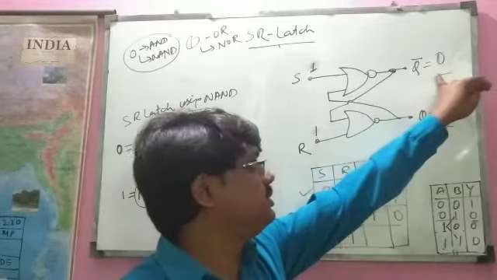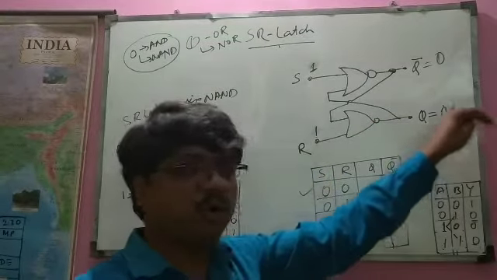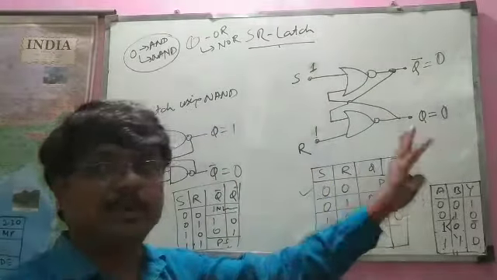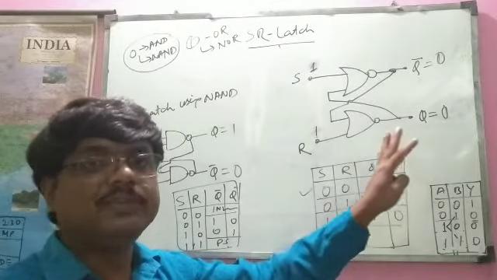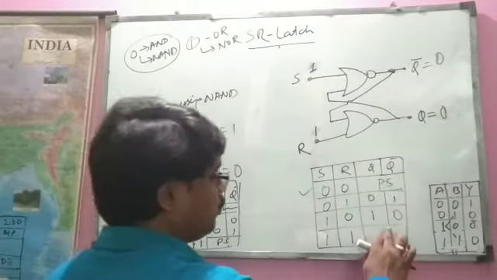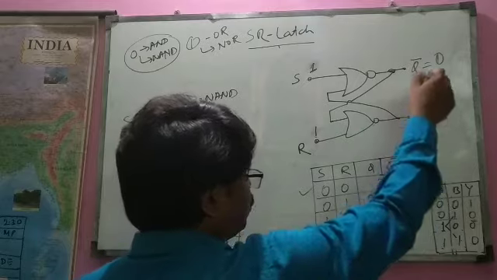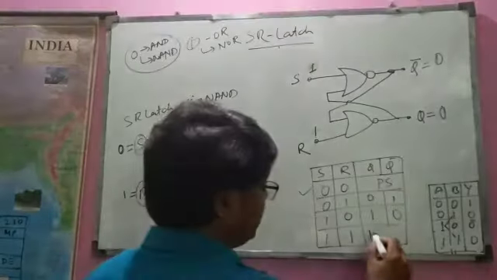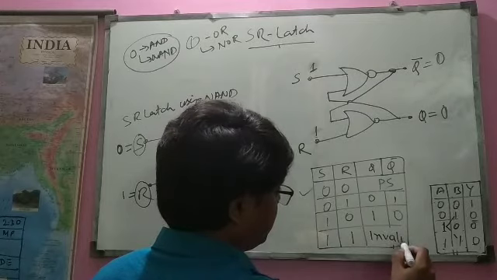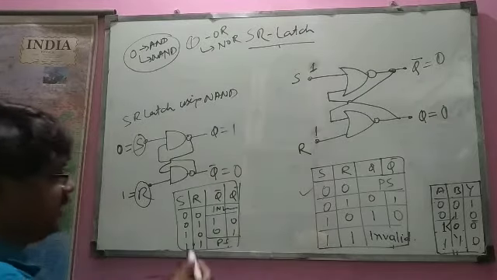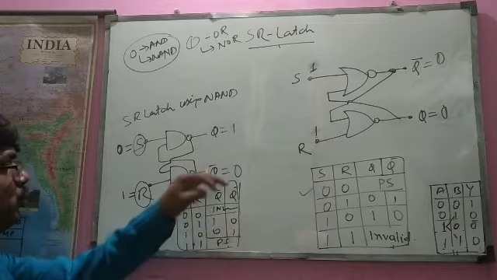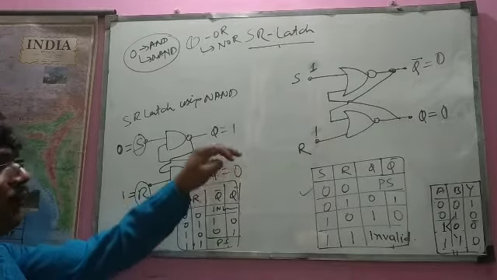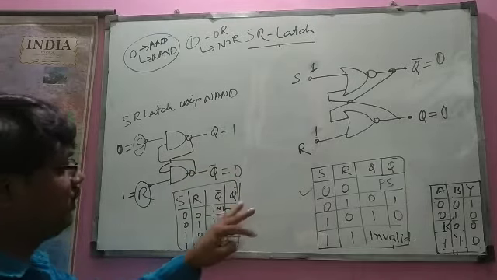If both of these outputs try to become 0 or both of these try to become 1, it is an invalid state. Okay, so here in this case both of these inputs are trying to become 1, so this is invalid. The opposite case was here, when both of these inputs were trying to become 1, then it was also invalid.